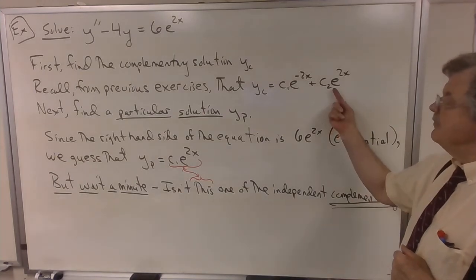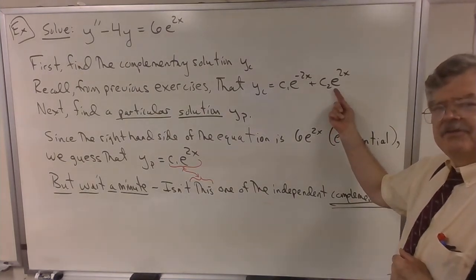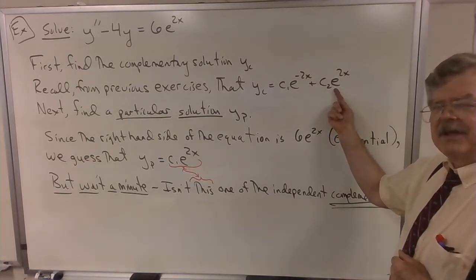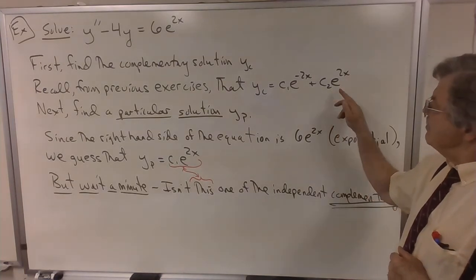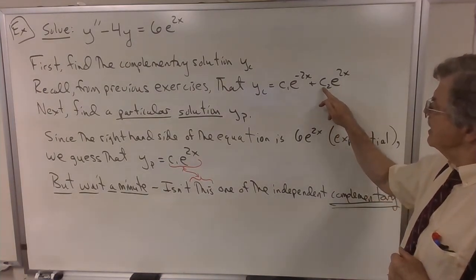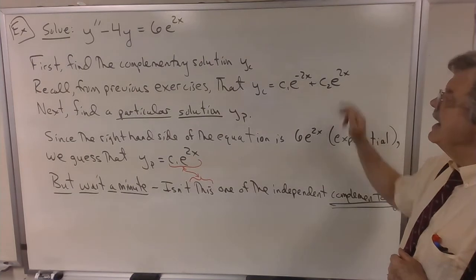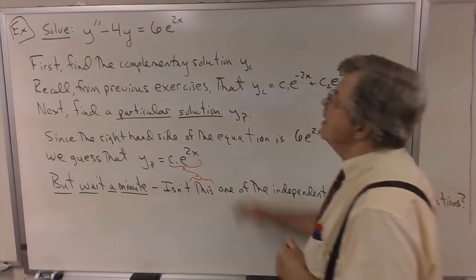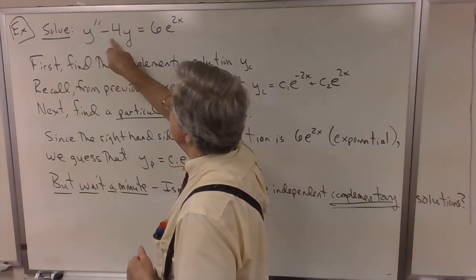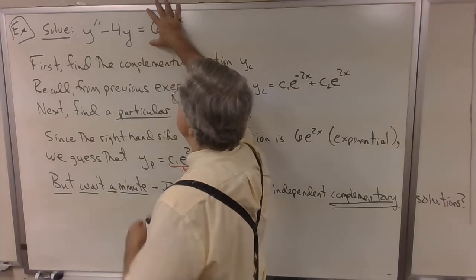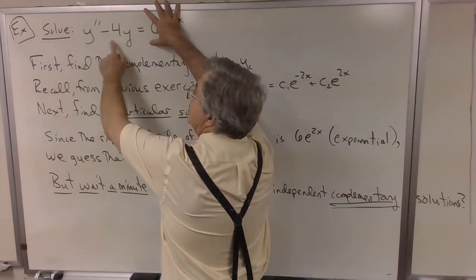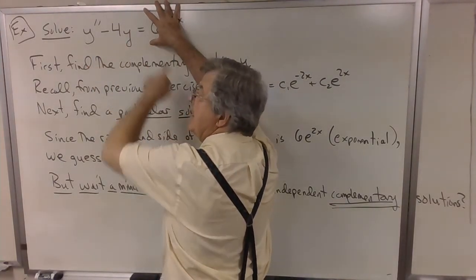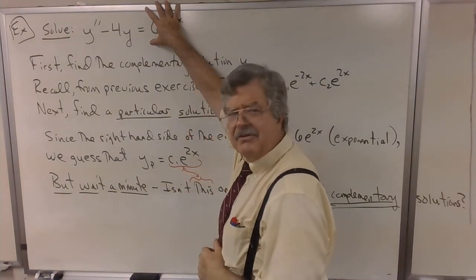Well, if this is one of the solutions to the complementary equation, that means that if I take some constant times e to the 2x and plug it in for y, I'm going to get y double prime minus 4y equals 0.